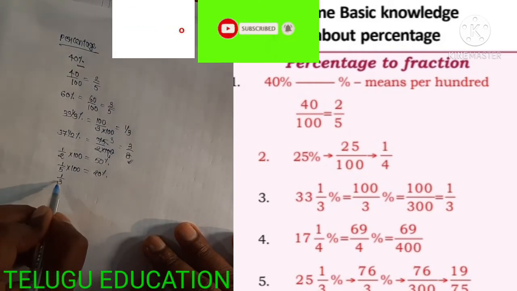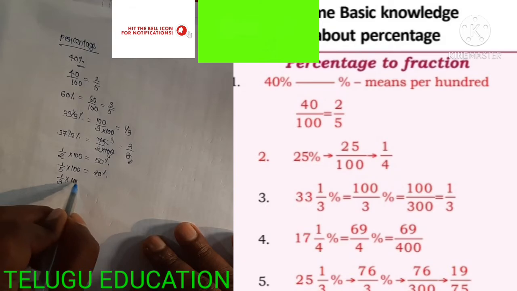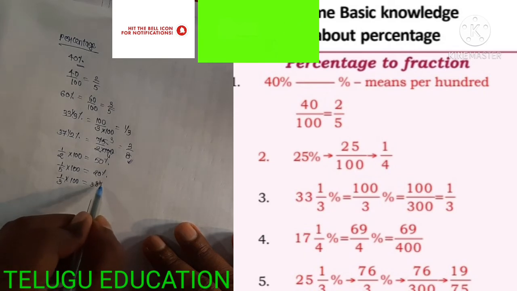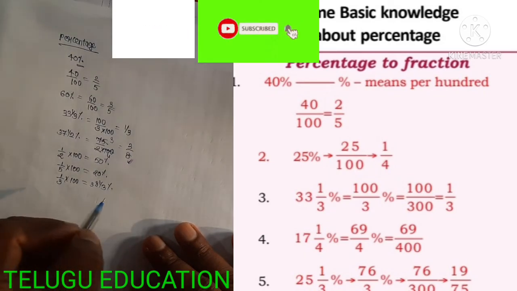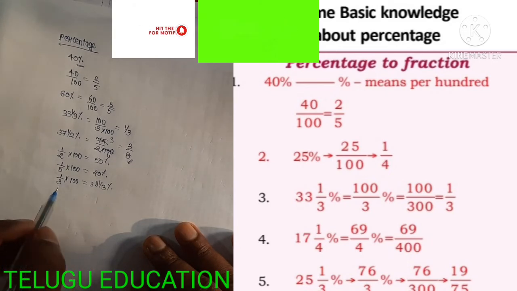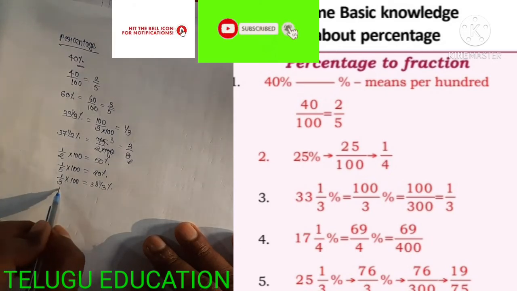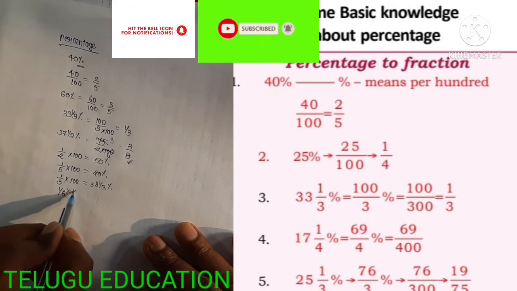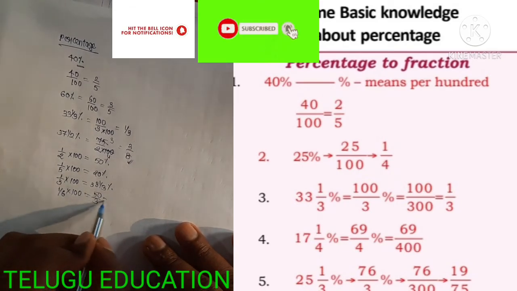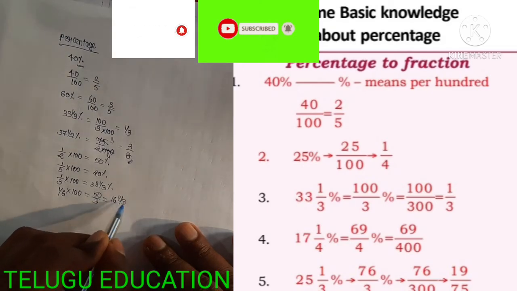So 1/3, convert this fraction into percentage. So 33 1/3%. Okay, so 1/6 into 100. So 100/6, 50/3, so 16 2/3%.